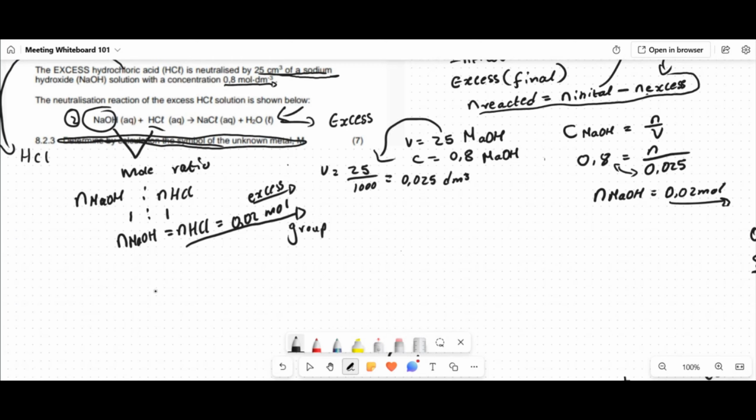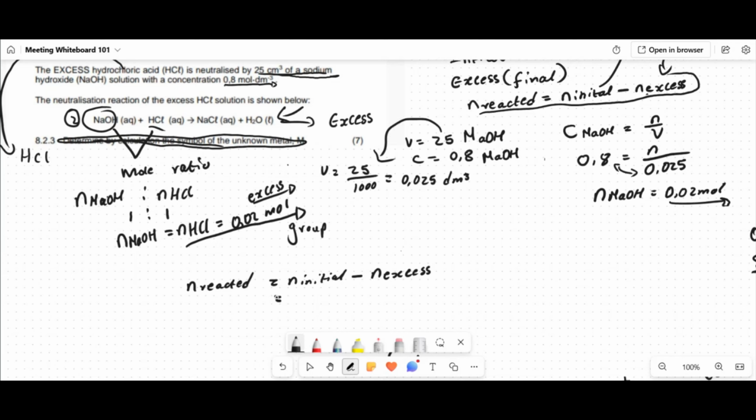So we said in order to find the number of moles that have reacted, we need the initial number of moles, and then we subtract the final number of moles, or the number of moles in excess. The problem is sometimes what you are going to get here is a negative number.